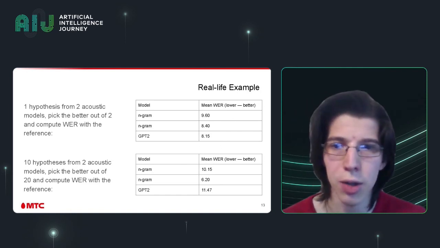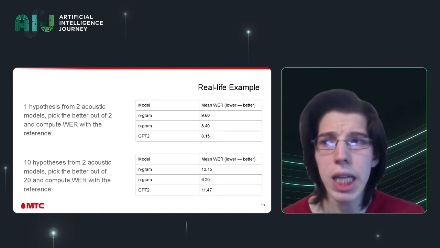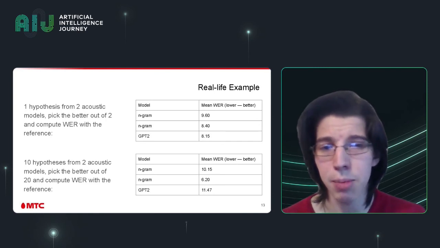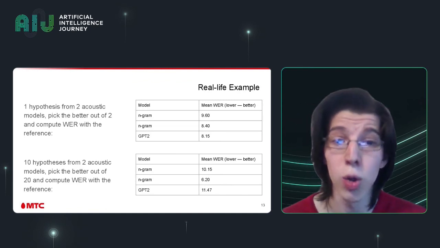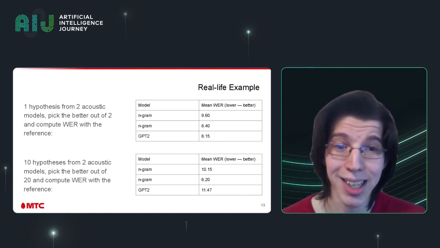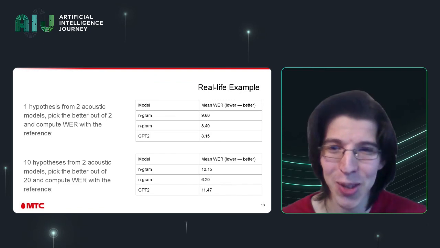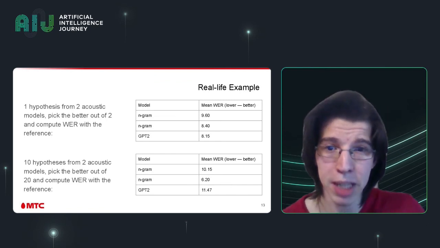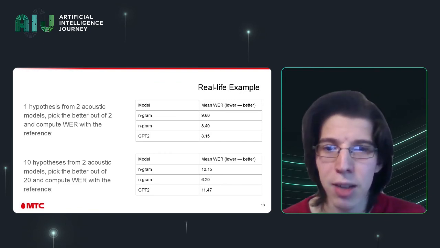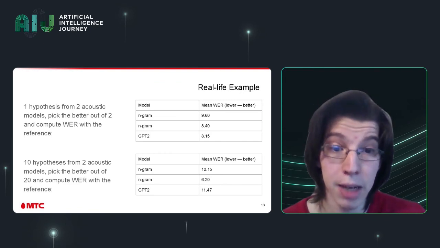Yes, models can be trained in various ways. So two acoustic models here, and we need to select, and each is promoting one hypothesis. We have two, we need to select the one that is better than the other, the best hypothesis. And we have two n-gram models, number 1 and number 2, and we have GPT-2.